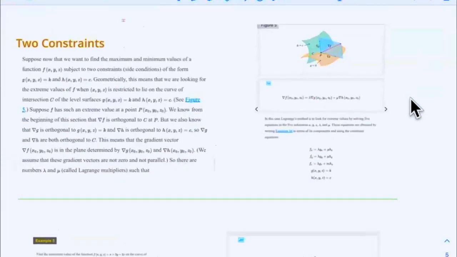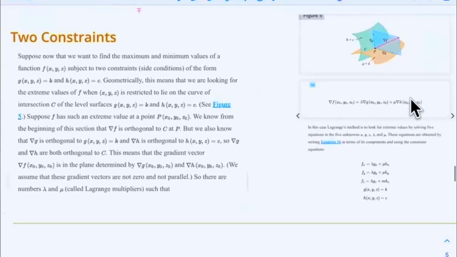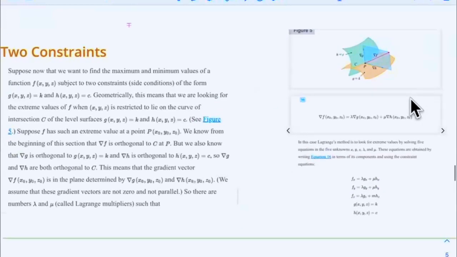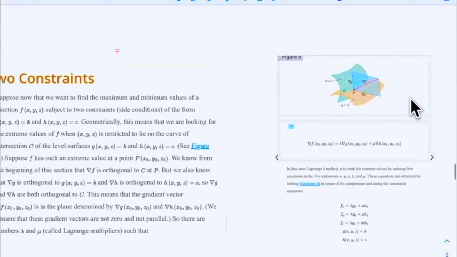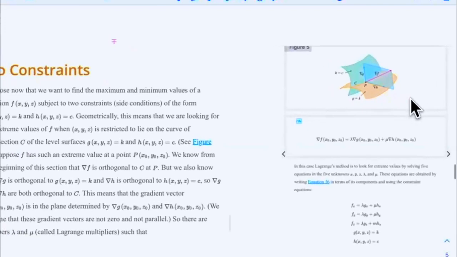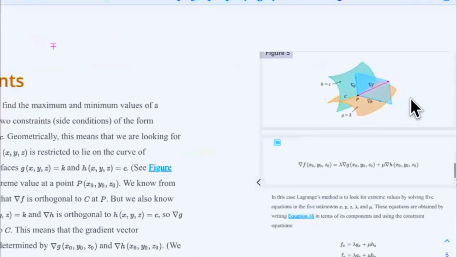Two constraints. Okay. Now, so far we have been doing all those Lagrange multiplier problems with only 1 constraint, right? What happens if you have 2 constraints? Okay. The idea is very similar.